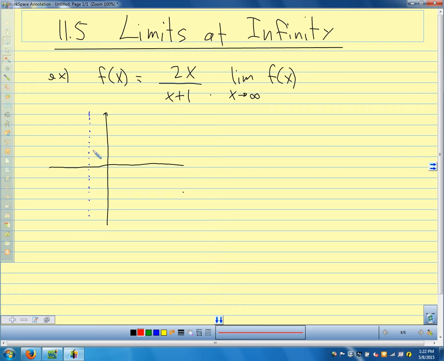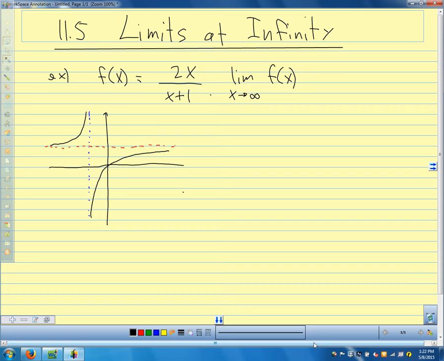What's the ratio of the leading coefficients? 2 over 1. So we have a horizontal asymptote at y equals 2. And if we plugged in some points to see where our function went between these asymptotes, we'd get it looking like this and looking like this.